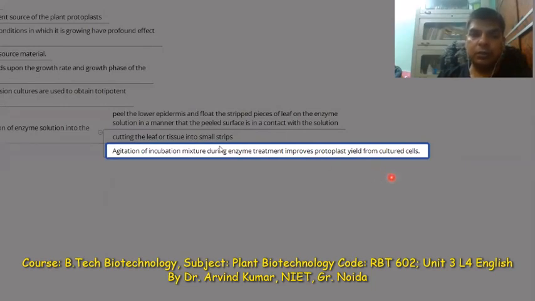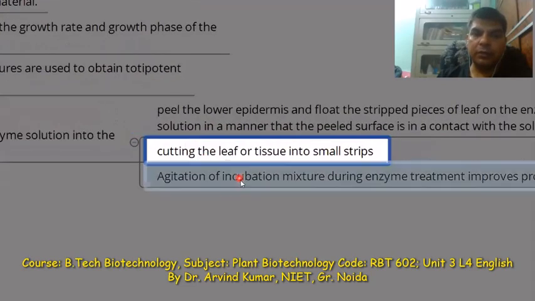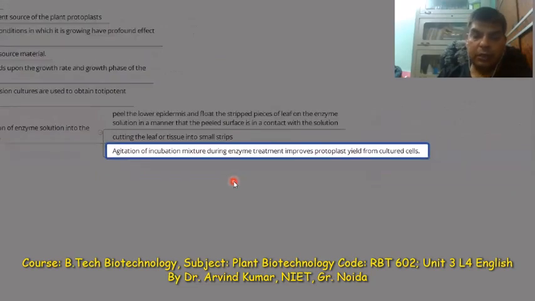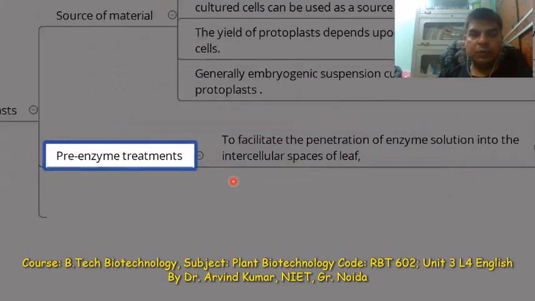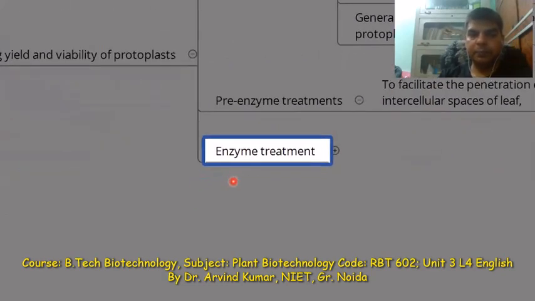If we use lower epidermal cells and float them onto the enzyme solution, that will help in making good contact of enzyme with these cells, so that we can get good separation of the protoplast. Then cutting of the leaf or tissue into smaller strips can also help, and agitation can also help in treating the material with the enzyme solution in order to get the best yield.